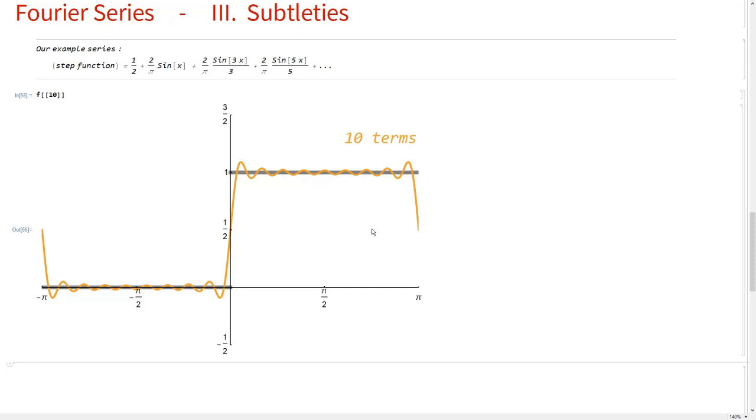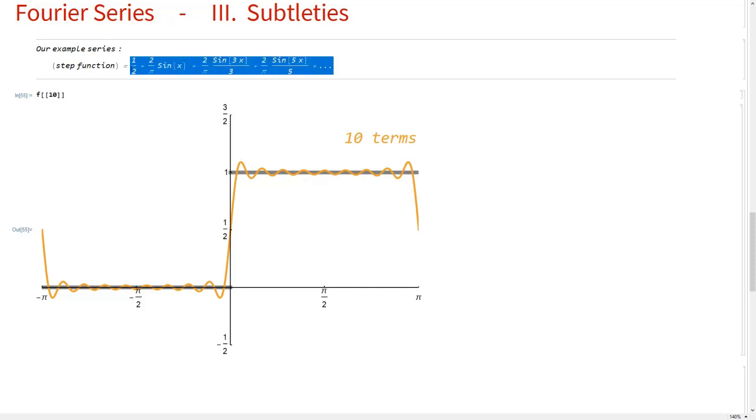The other thing I want to point out is that there's also some funny business at the edges of the domain. This has to do with the fact that you can really think of Fourier series as approximating periodic functions. Even though we thought about our original step function as being defined on minus pi to pi, when we write it as a Fourier series, we're using sines and cosines, which is naturally a periodic function with period 2 pi.